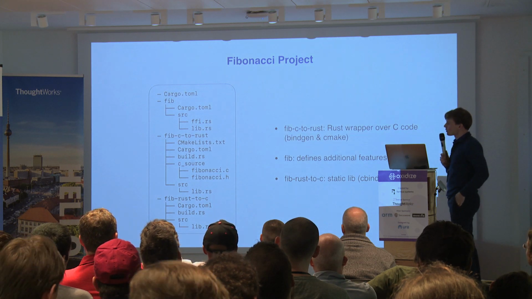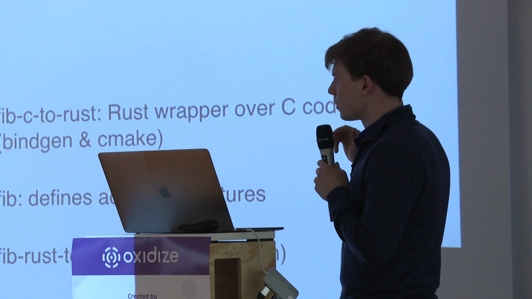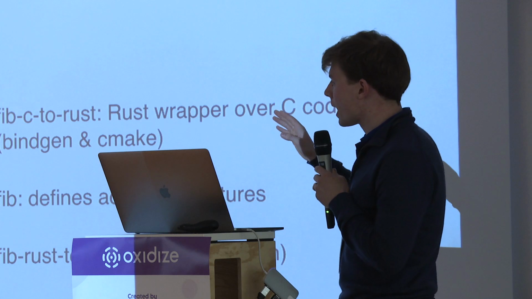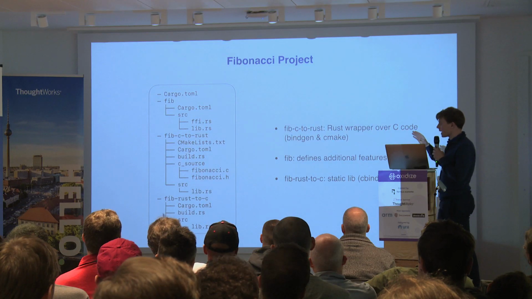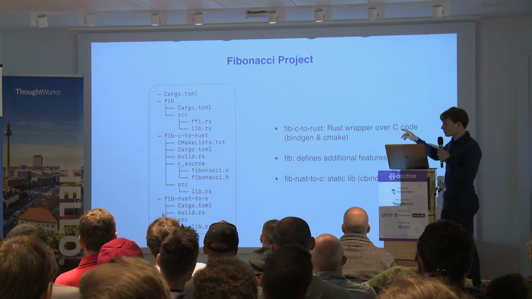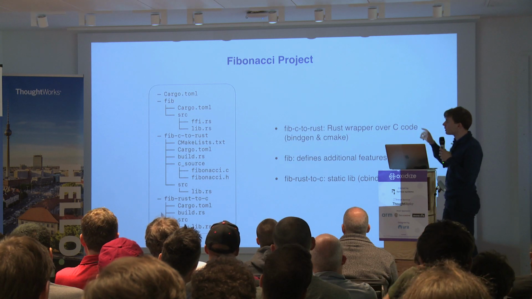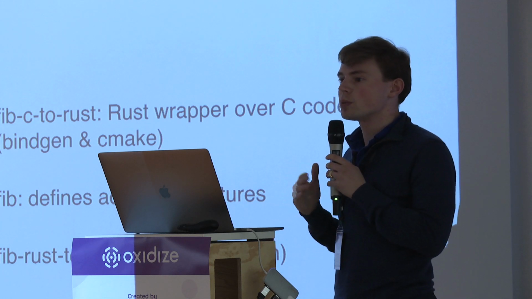So the goal of this project is to show the 3 layers. You have your C2Rust, where you have a CMake configuration. And thanks to the build.rs, you will build this crate first. Then in the fib crate, you will be able to add features that you wrote in Rust.